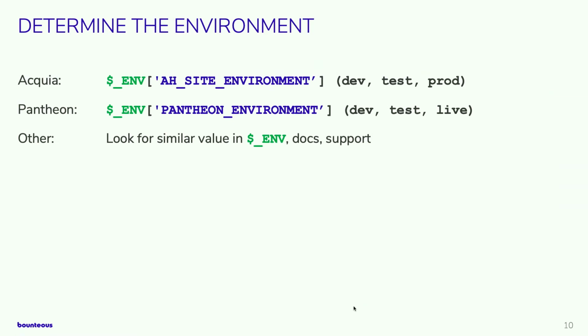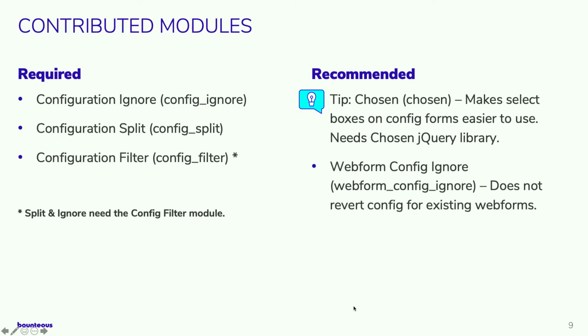So the configuration ignore module, what its job is on configuration import: if a configuration is listed in the configuration ignore, it just gets jettisoned out and not imported into the site at all.